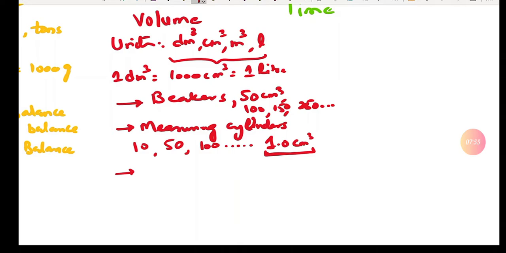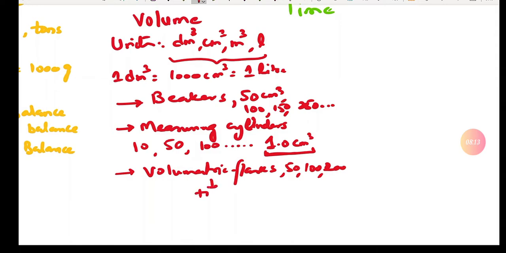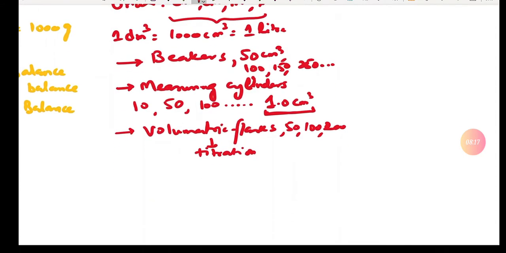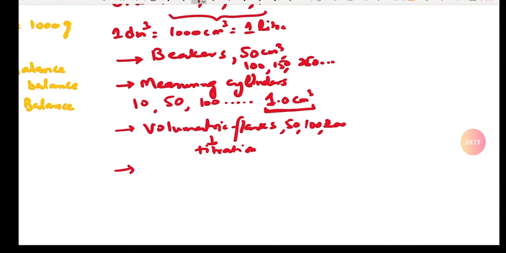Next we have volumetric flasks, labeled differently, 50, 100, 200, and they are usually used for titration purposes. Then we have burette and pipette.